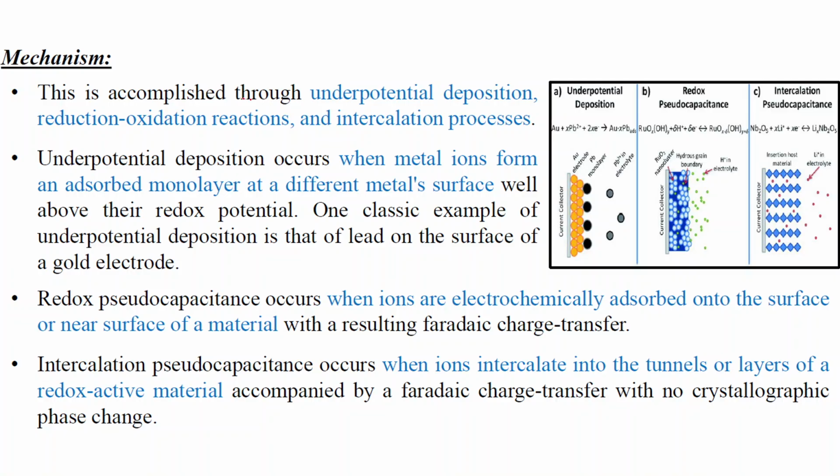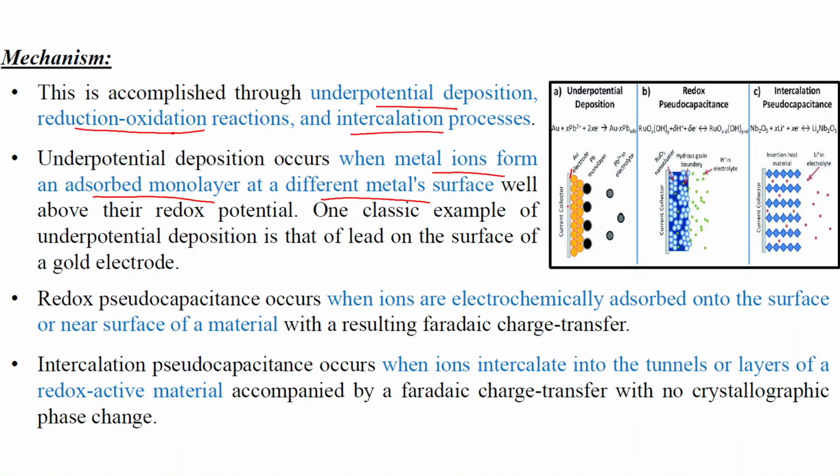Coming on to the mechanism, as I already told, there are three mechanisms: underpotential deposition, reduction oxidation reaction, and intercalation process. Basically, underpotential deposition occurs when metal ions form an adsorbed monolayer at a different metal surface. So here, suppose this is the current collector. Here, it is coated with a gold electrode, and on application of the potential, these metal ions get deposited.